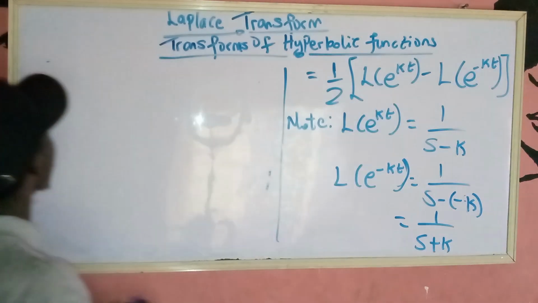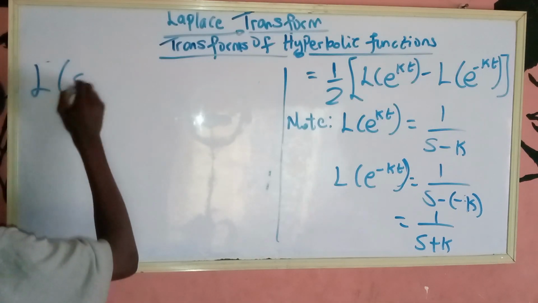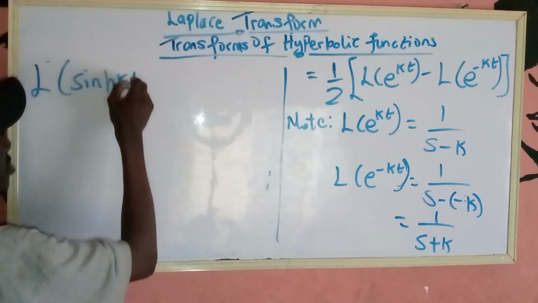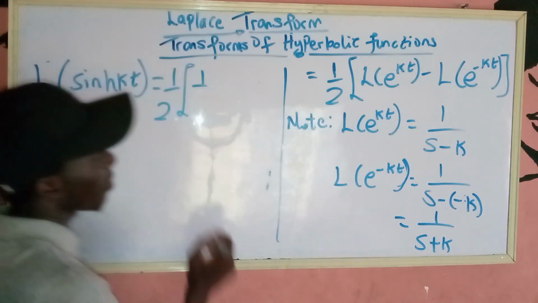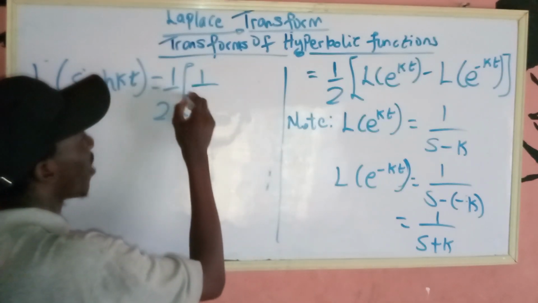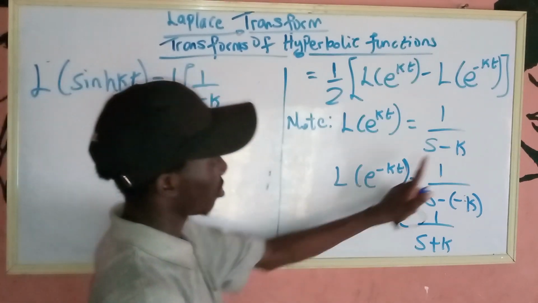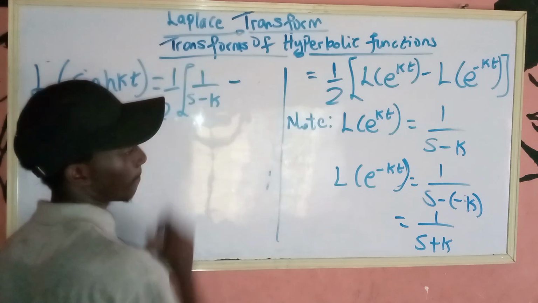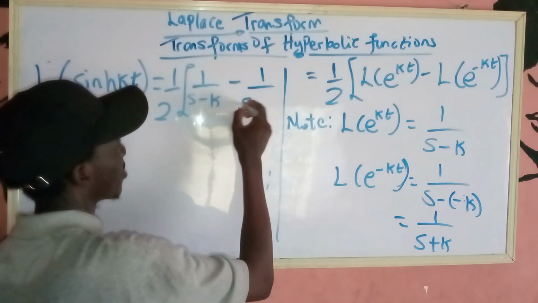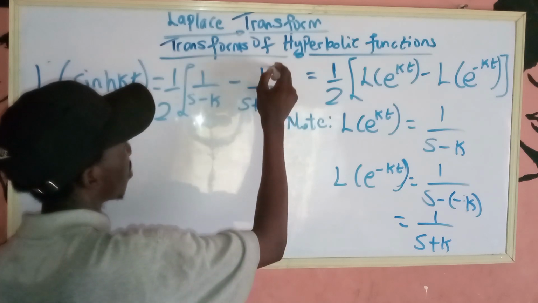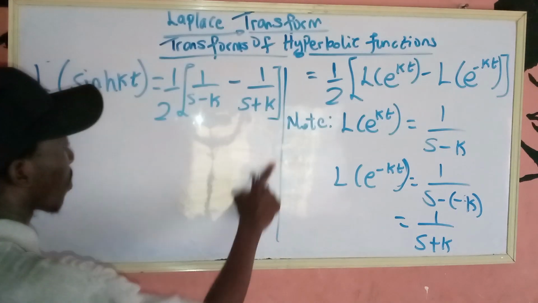So that makes my work easier, and the Laplace of sinh of kt will equal half of 1 over s minus k minus 1 over s plus k.